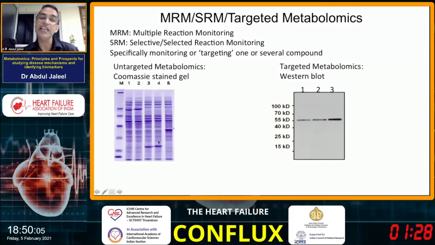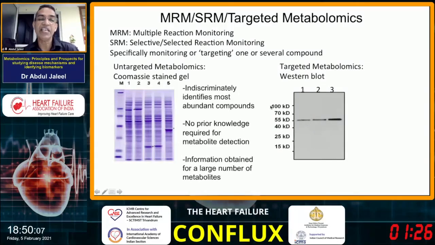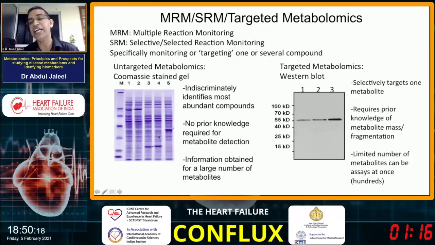Here it is like a discovery. The main difference is that information is obtained for a large number of metabolites, and no prior knowledge is required for metabolite detection in the untargeted method. The targeted method requires prior knowledge of the metabolites, their mass and fragmentation, and a limited number of metabolites can be assayed at once, but that limited number means hundreds. But it has improved sensitivity over the other one.